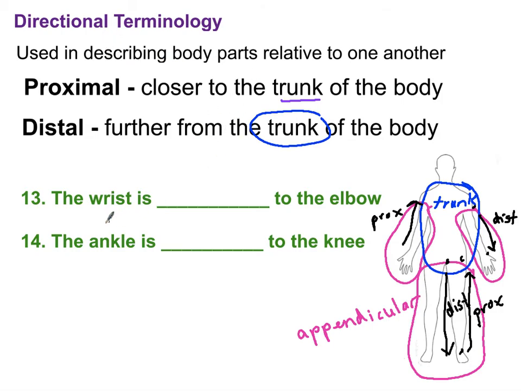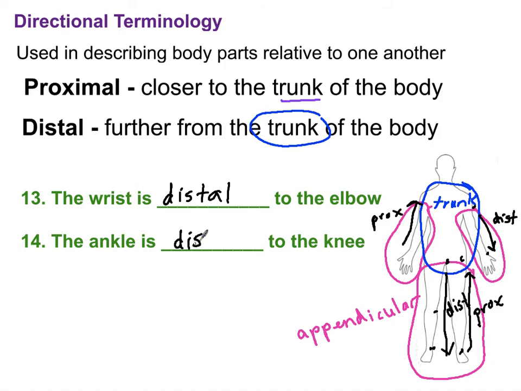Okay, hopefully you looked at this and said, all right, the wrist is blank to the elbow. It's further away from the trunk of the body than the elbow is, so that must be distal. Whereas the ankle, in relation to the knee, that's also distal.